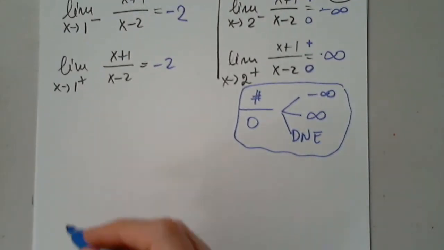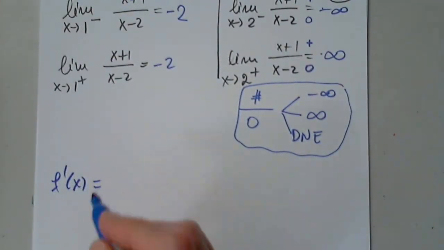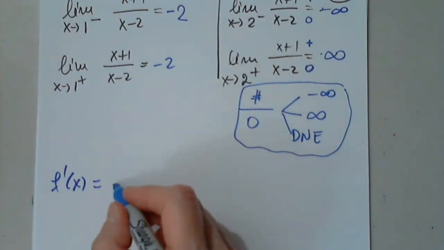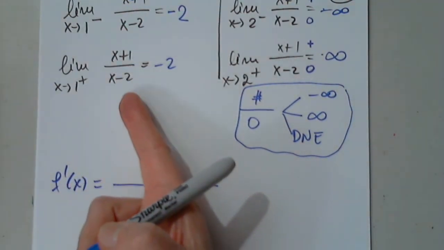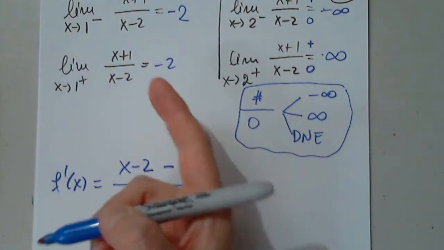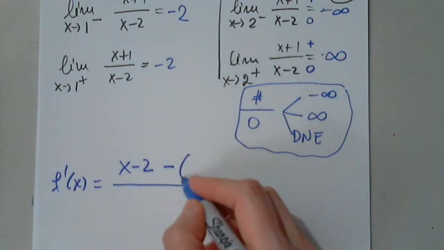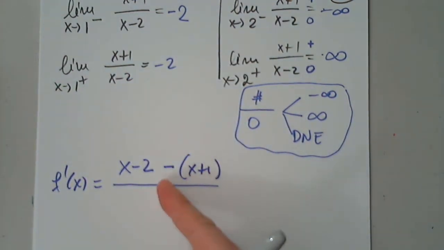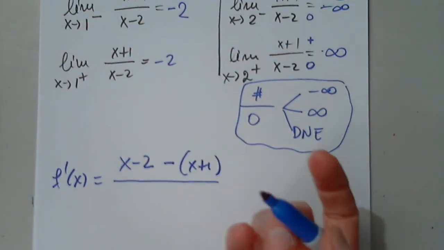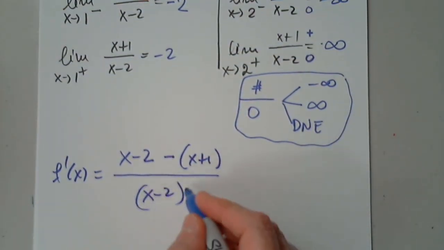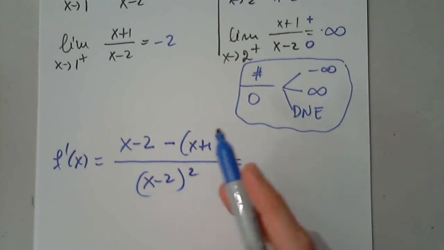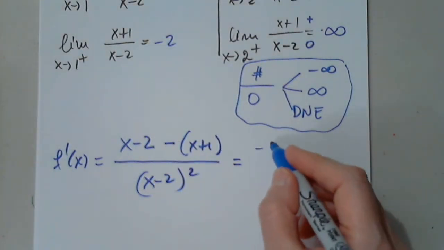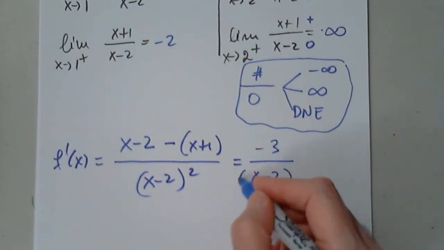Finally. So f prime. This is the function. Top prime is 1 times the denominator minus top, x plus 1, don't forget parentheses because it's minus, times the denominator prime, which is 1, over x minus 2 squared. So x minus 2 minus x minus 1, so negative 3 over x minus 2 squared.